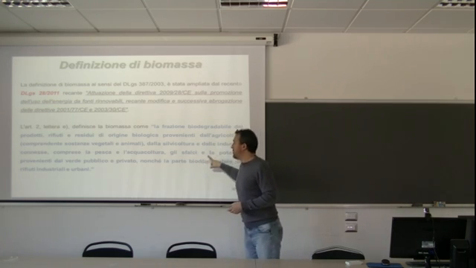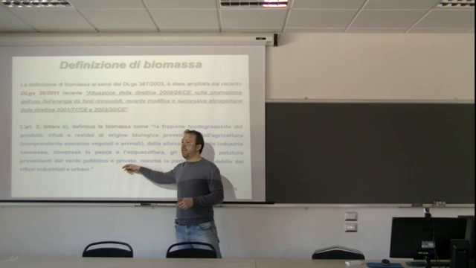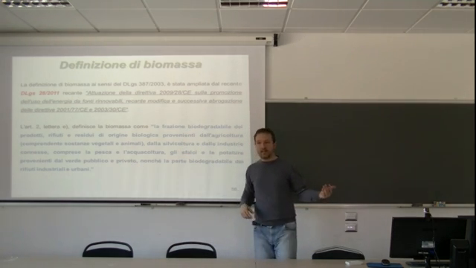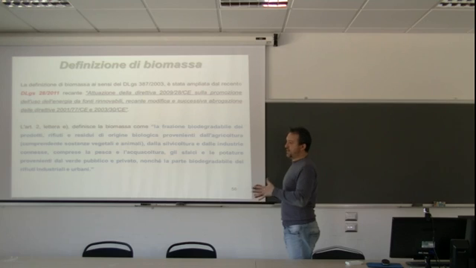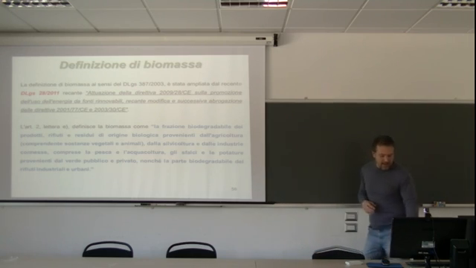Yes, the residues from public and private parks or gardens are also considered biomass. And finally, a part of wastes. We don't speak about wastes in general, but the biodegradable part of wastes is considered biomass, and it's mainly used for biogas production. Okay?